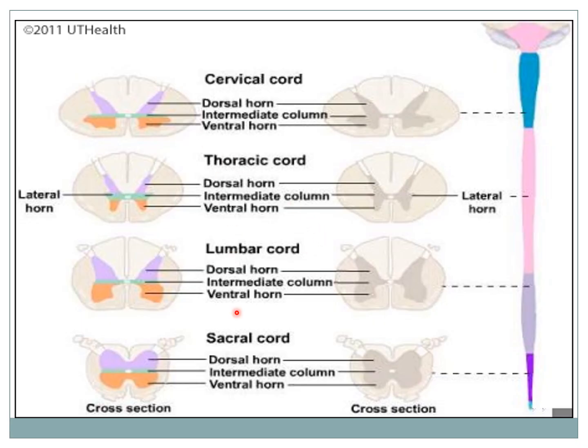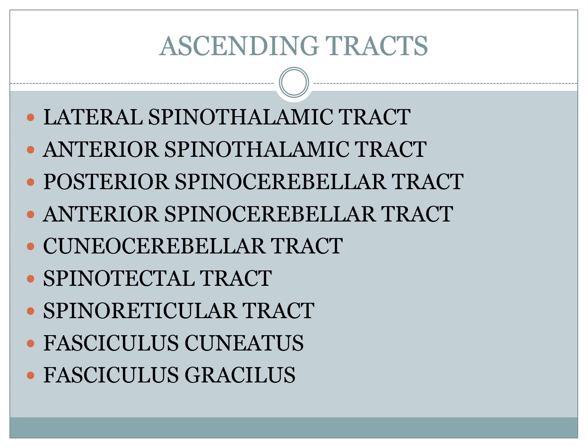This is again the difference between different parts of the spinal cord. Here you can see the lateral horn, which is present in the thoracic region for preganglionic sympathetic fibers. Now these are the names of ascending and descending tracts: lateral spinothalamic, anterior and posterior spinocerebellar, cuneocerebellar, spinotectal, spinoreticular, and fasciculus cuneatus and gracilis.